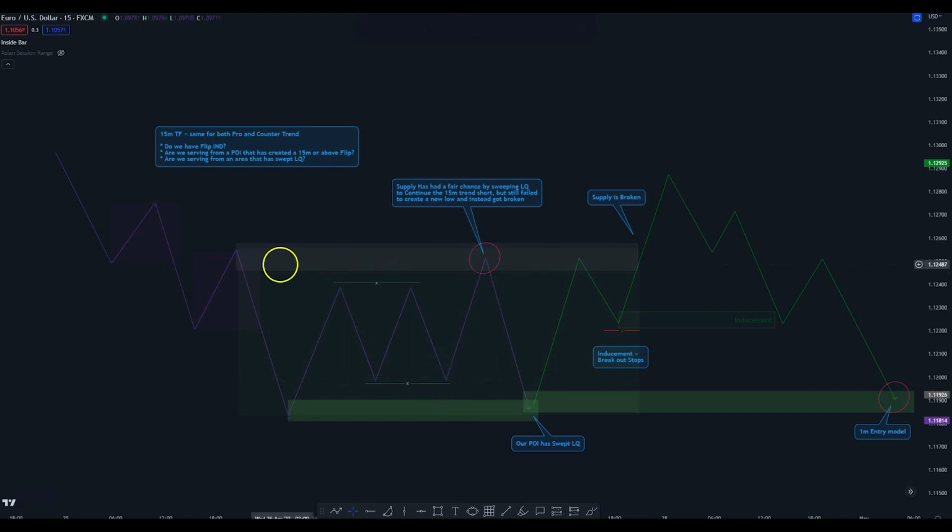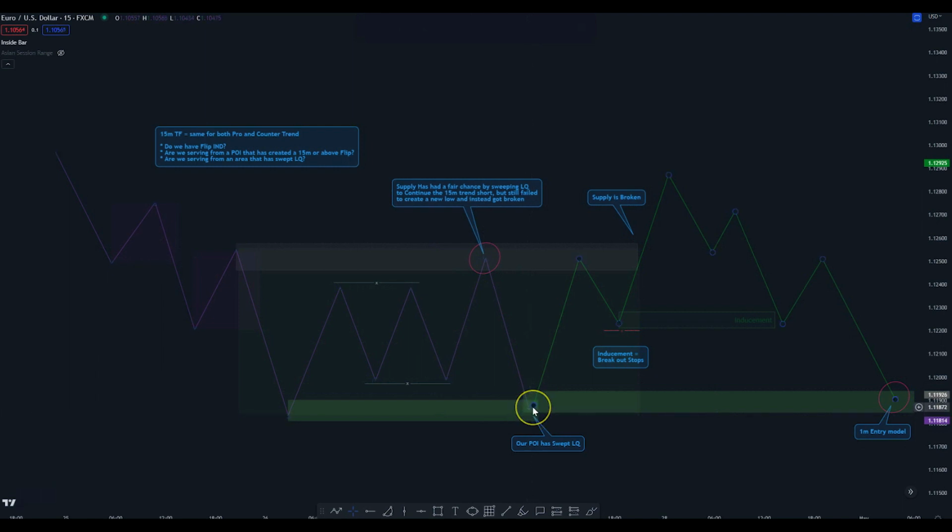And then supply, which is a strong level of supply because it broke structure, has come up. Now if it's going to continue the trend short on the 15-minute, it would have swept liquidity and created a new lower low, breaking this low here. So it sweeps liquidity, it's got a fair chance by having the fuel to do so, and still fails to create a new low.